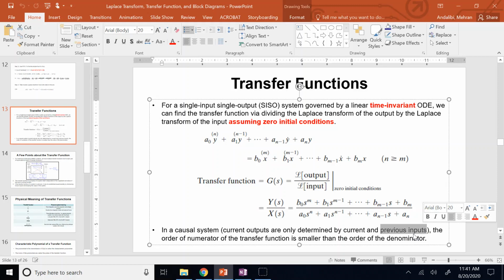Causal means whatever you have done in the past and whatever you're currently doing is determining your current status. Whatever you do in the future is not going to be retroactive and it's not going to affect your current situation. Yes? That's a causal, a meaningful physical system. In physical systems, the future will not come and affect our current situation. It's only our past and current that is affecting our current situation.